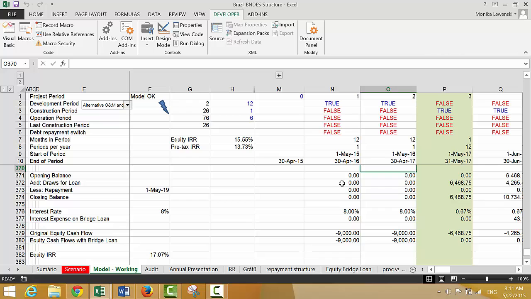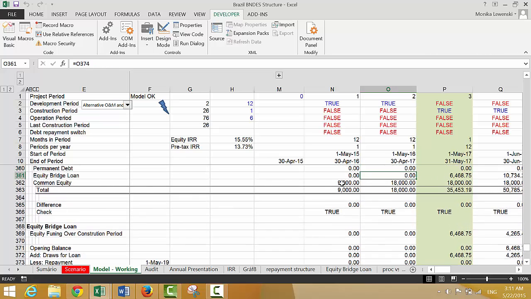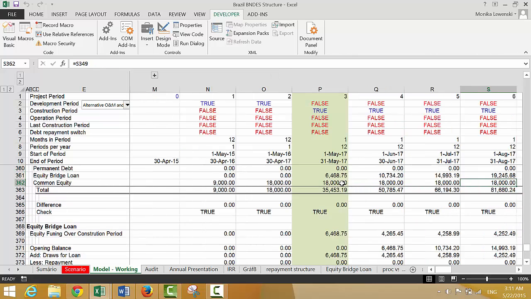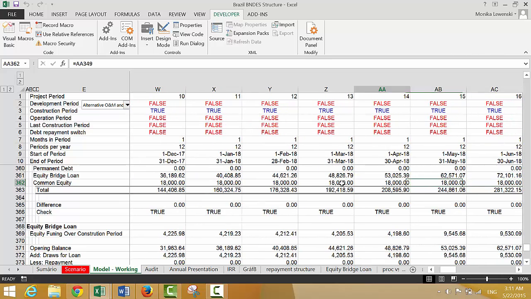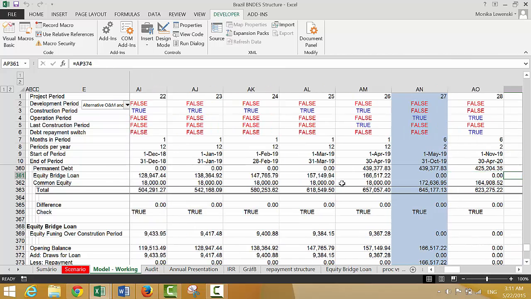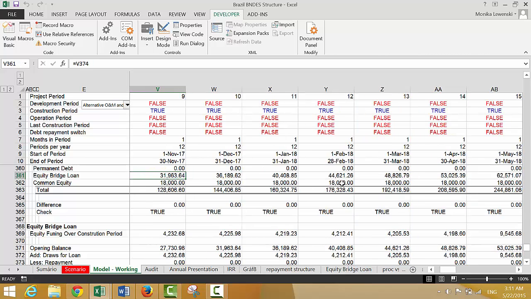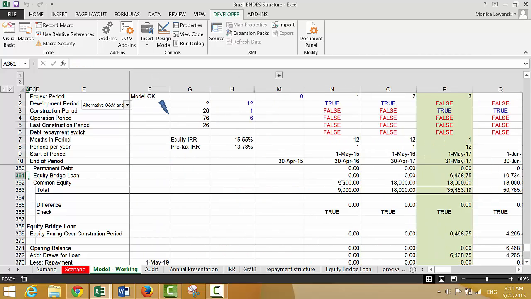The interest should have increased the size of the loan. Why did that? It shouldn't have balanced. I shouldn't have got so excited about that, because the equity bridge loan goes up by the interest as well as the... Just think about this for a minute. There should have been a difference.